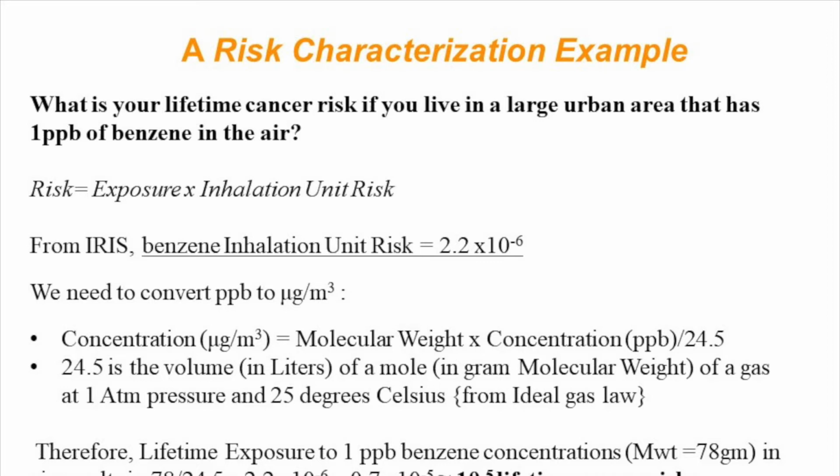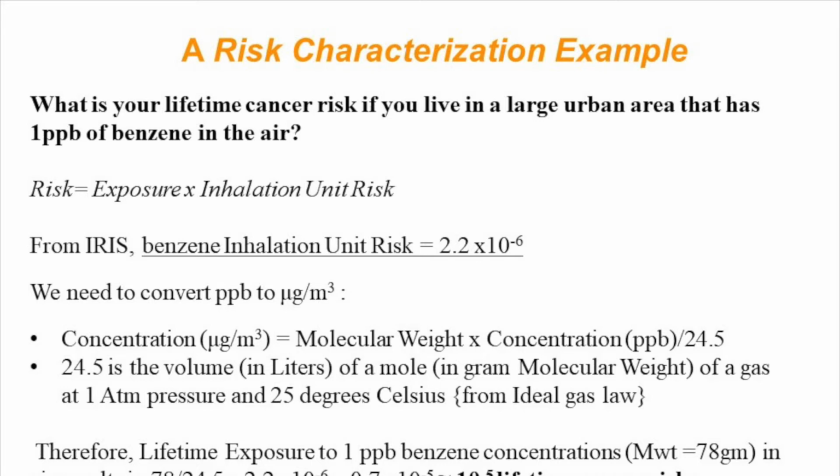Risk, as we just went over, is equal to exposure times inhalation unit risk. So the inhalation unit risk, if we look at IRIS, benzene inhalation unit risk is given as 2.2 times 10 to the minus 6. But we have an issue here because our units are not consistent with the previous slide.